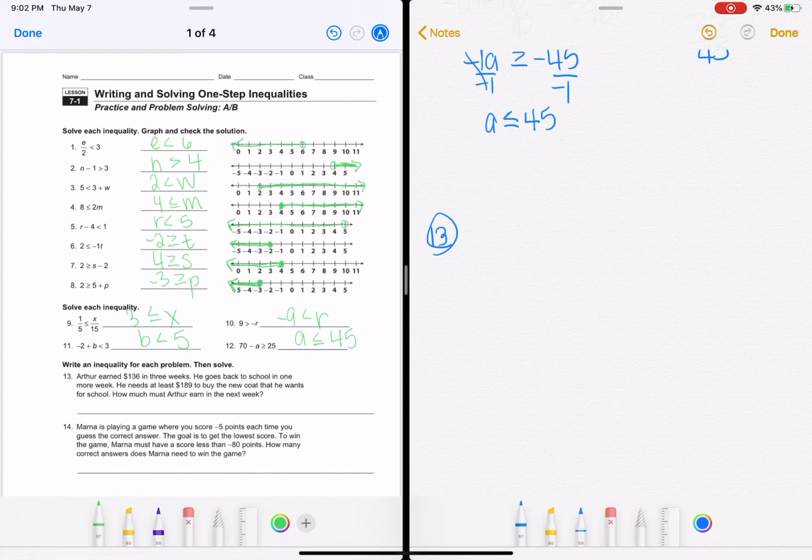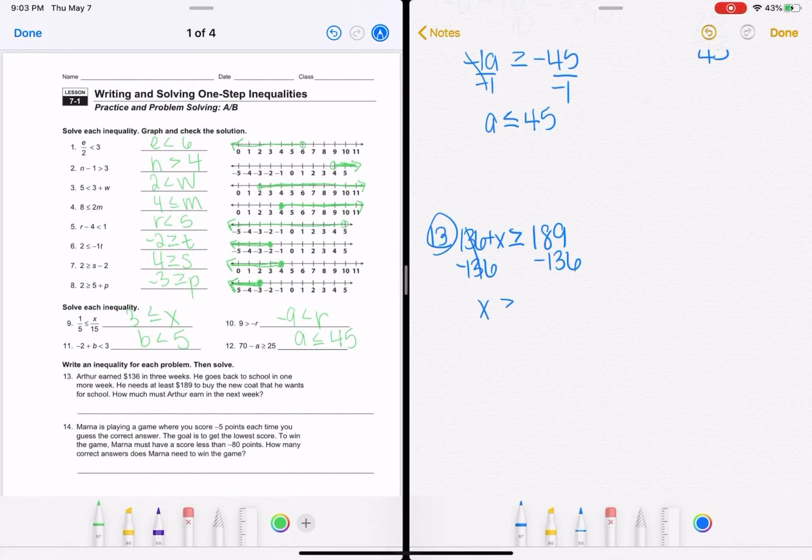So we know he needs $189. He already has $136, so plus x. So he needs at least $189. So we're going to subtract 136 from both sides.